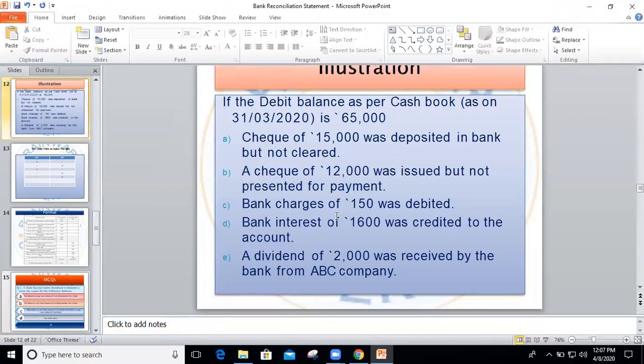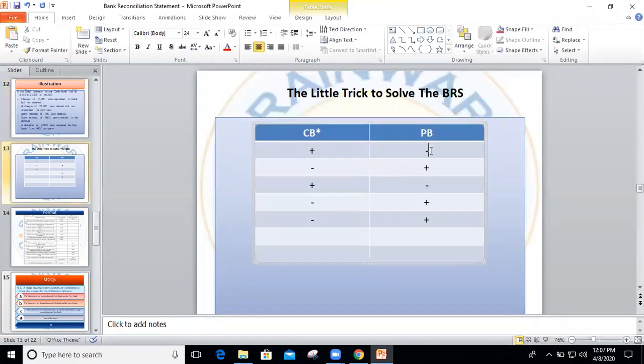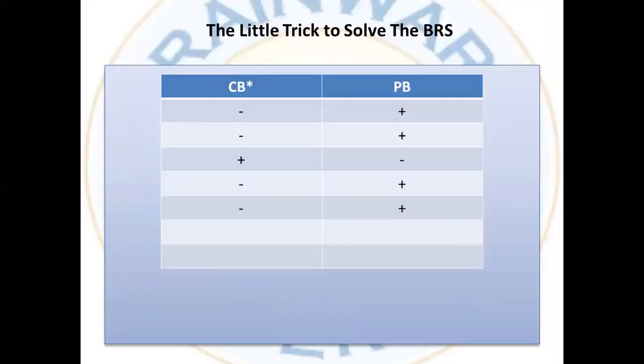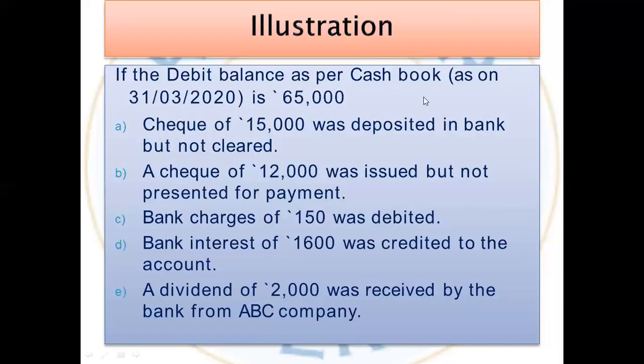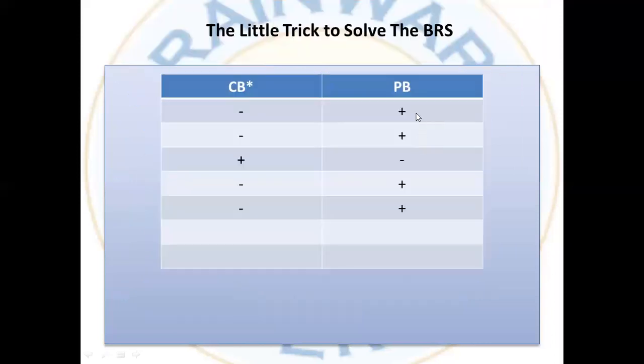So there is a mismatch, and actually it will be plus and minus. Now why is it like that? Because when they gave the amount in the bank, your passbook increased, so it is plus. But you are not informed so far, so you have not recorded it in the cash book yet. That is why it is minus. So you are nothing but putting the situation of what happened in the entry into the plus minus signs.